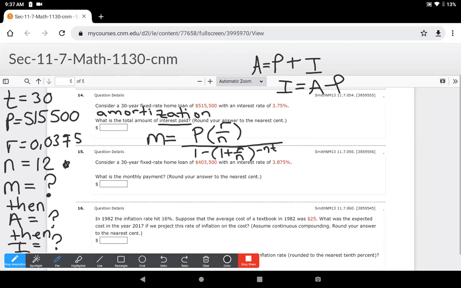So from this, we could do R over N. That doesn't simplify. N times T, though, we'll need that. That's 360.